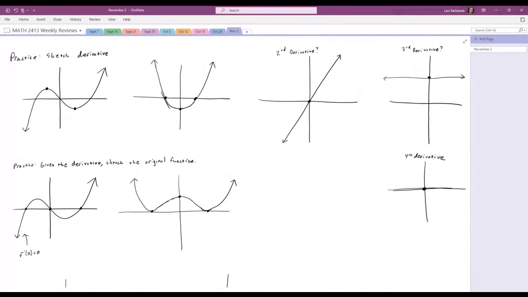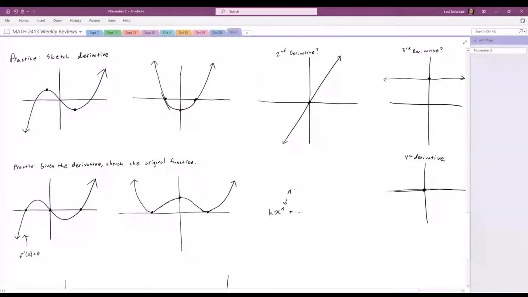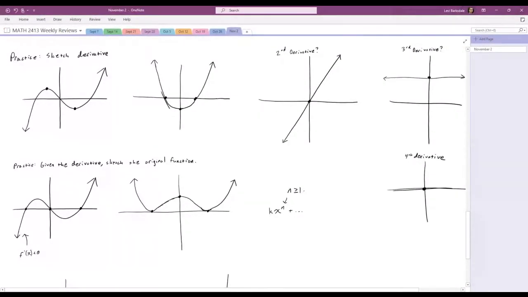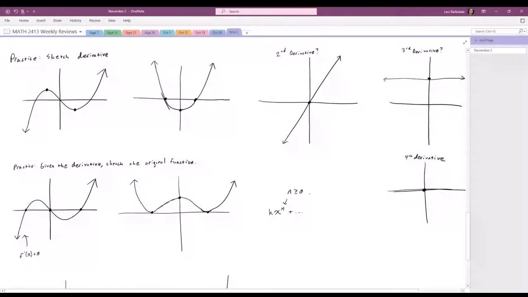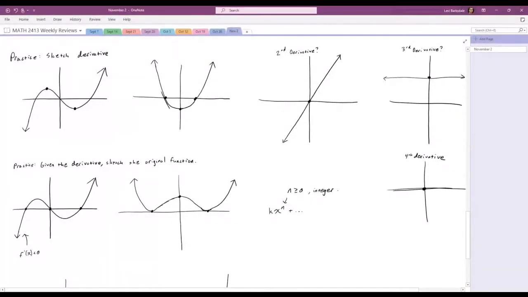So to clarify, by polynomials, I mean x to some power with some coefficient plus something. And specifically, this power n has to be bigger than or equal to, technically, 0, and it has to be an integer. So if your function takes this form, then your derivative will eventually go to 0.